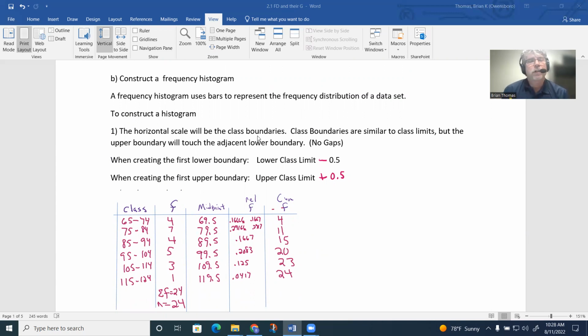Class limits is what we used in creating a frequency distribution table. When we create a histogram, we create class boundaries. Class boundaries are similar to class limits, but the upper boundary will touch the adjacent lower boundary. There's not going to be any gaps between the bars of the graph.